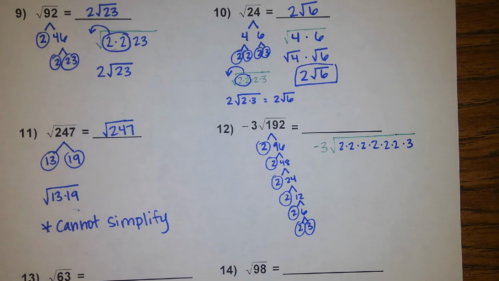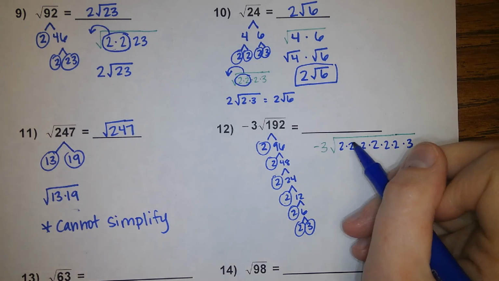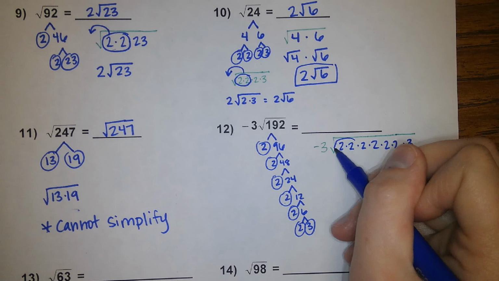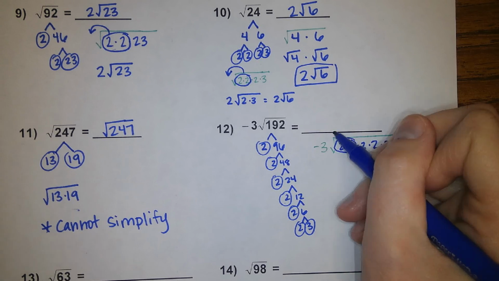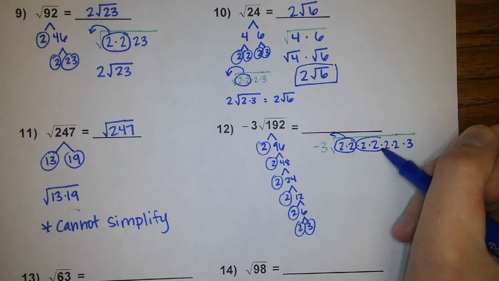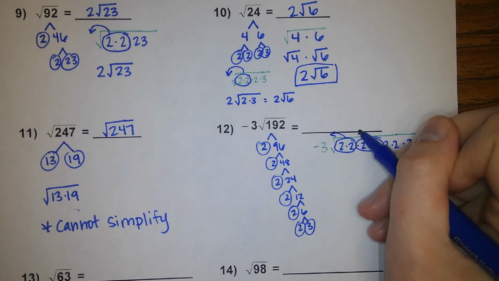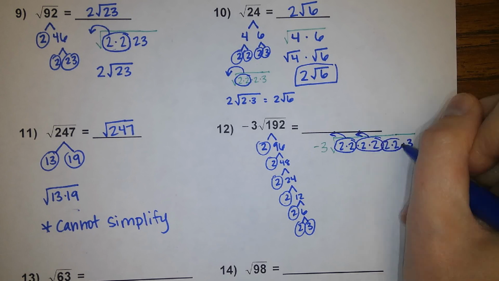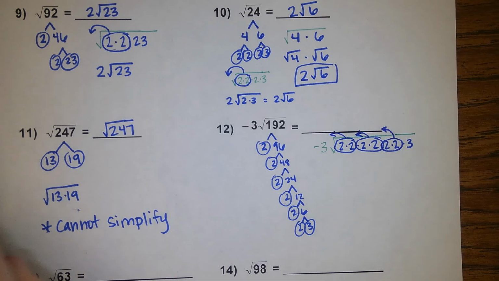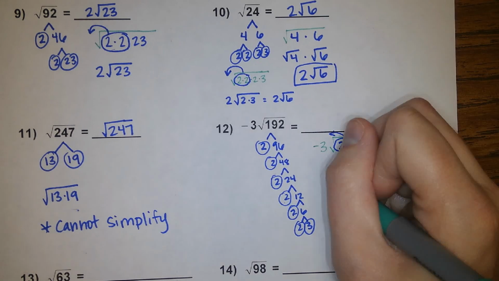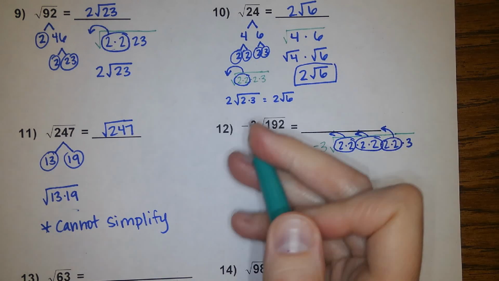And what we are going to do is find the pairs. That's 2 times 2, so we can pull that out. That's 2 times 2, so we can pull that guy out. And that one's 2 times 2, so we can pull that 2 out. What we are left with on the outside of the radical is our -3, right? We never lost that coefficient.